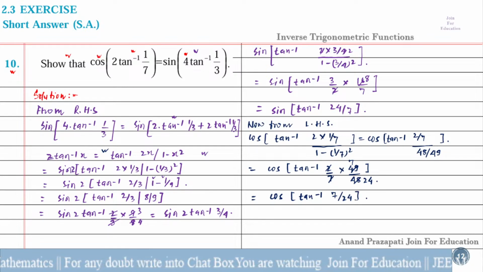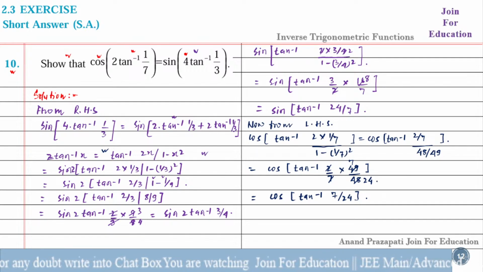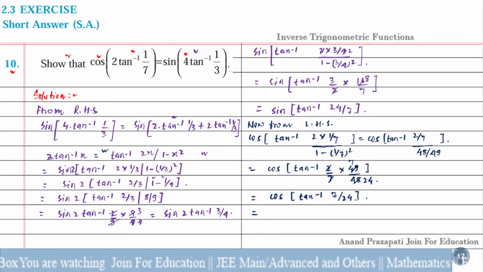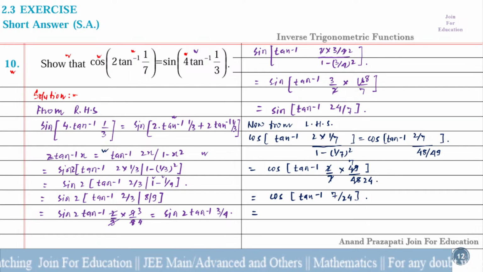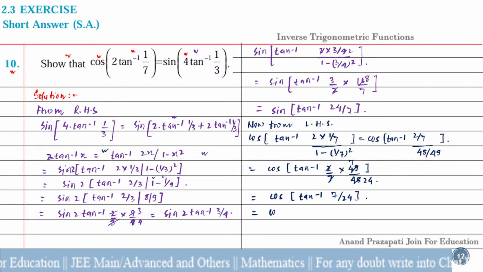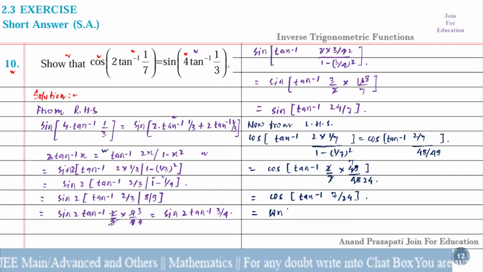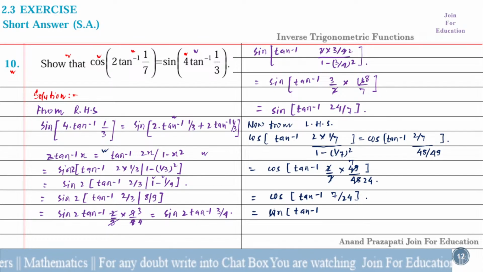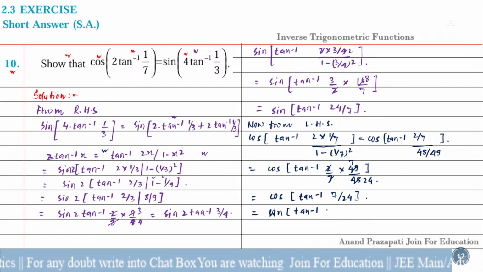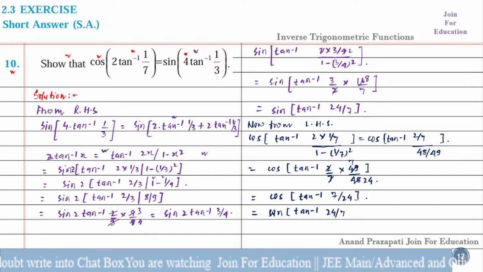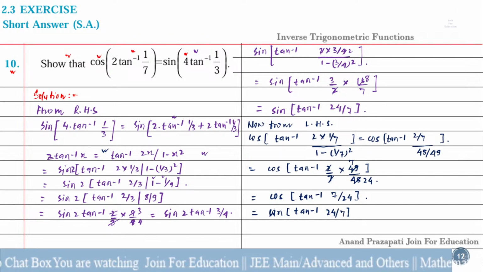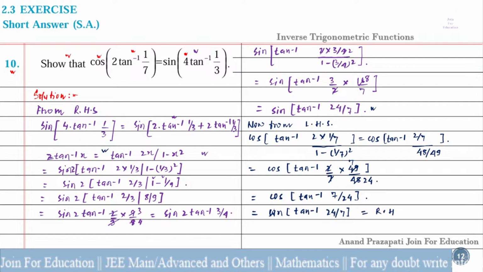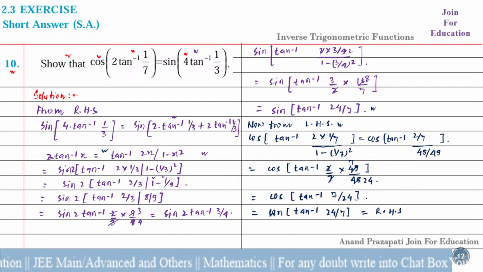So when we convert this one, this is the cos theta. When we convert this one into sin theta, then this is the p by b, then sin theta we get here b by p. So we write down here sin tan inverse 24 by 7, which is what? Which is RHS. So here we prove LHS equal to RHS.